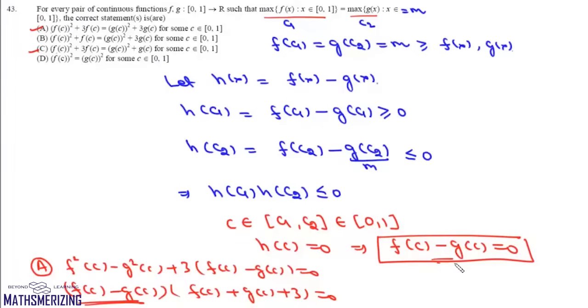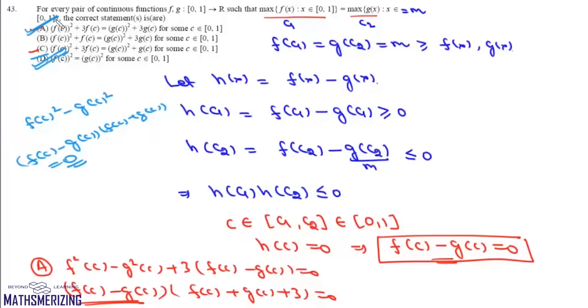And since it is 0, that means this statement A is correct. And if we look at D, then it is f(c) square minus g(c) square, which will be f(c) minus g(c) into f(c) plus g(c). Now again f(c) minus g(c) is 0. So that means this statement D is also correct. So the correct statements are A and D.